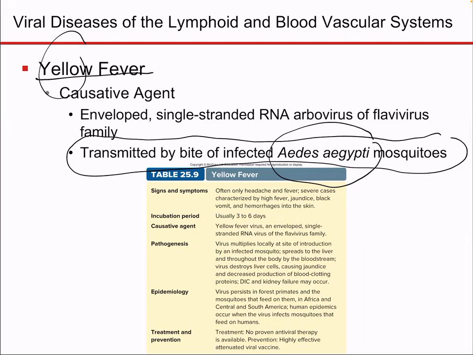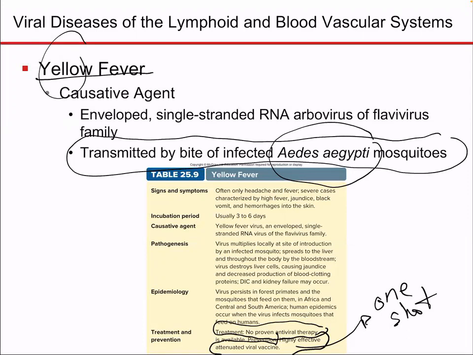And we have no proven antiviral therapy for this. Basically, only supportive care can be used for the patient that is developing a serious disease. However, we have a very highly effective attenuated viral vaccine. And this is a vaccine that you get only one shot and provides lifelong immunity for the rest of your life.